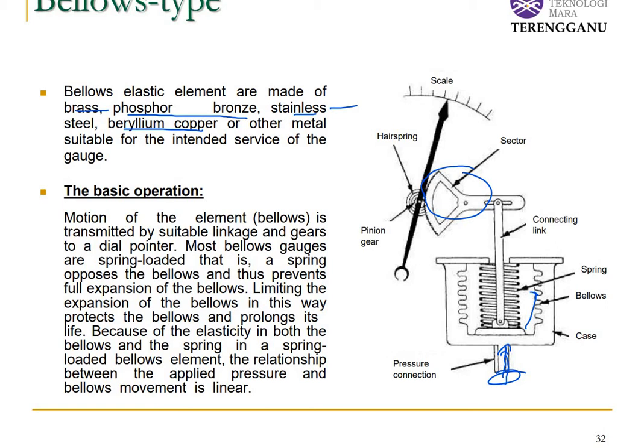The relationship between the applied pressure and the bellows movement is linear. When we exert the pressure, the spring will move, the sector will move and cause the scale to move also. So it is a directly proportional relationship, right? Okay.